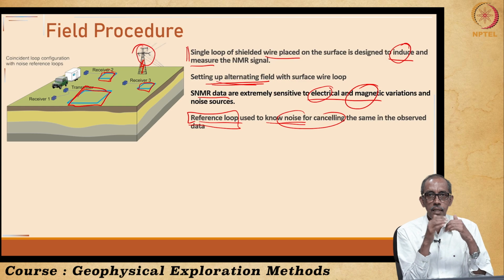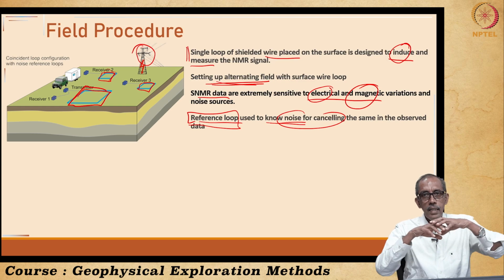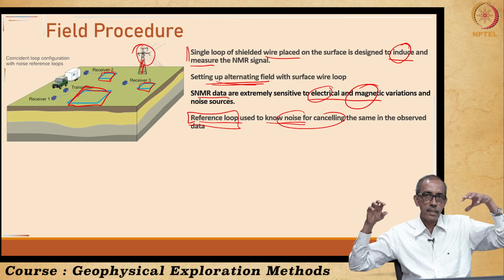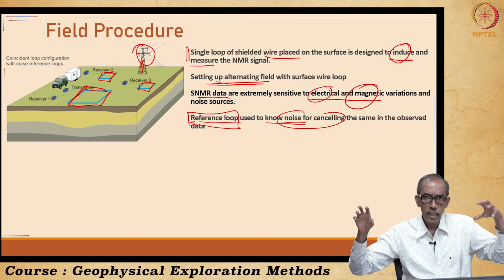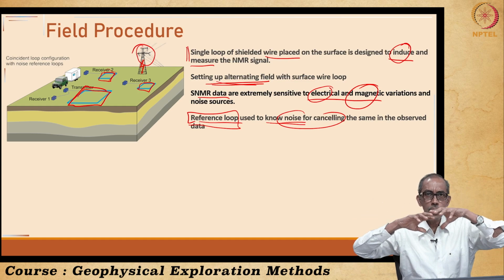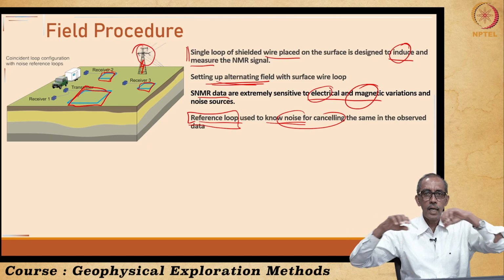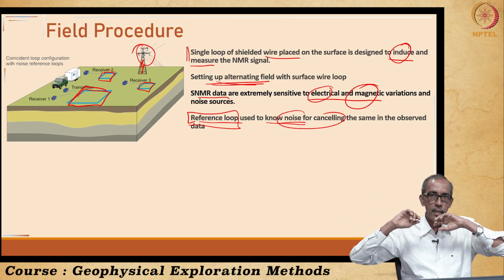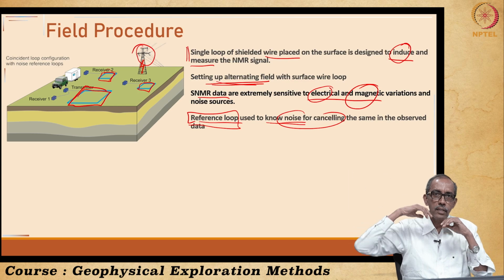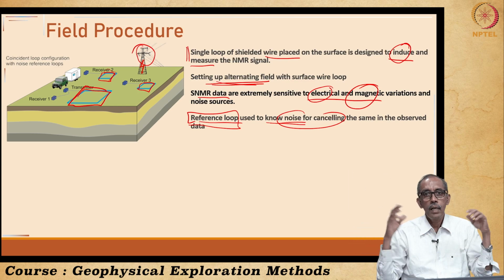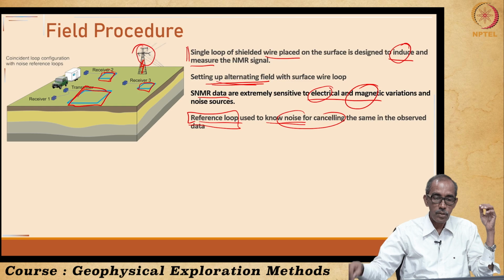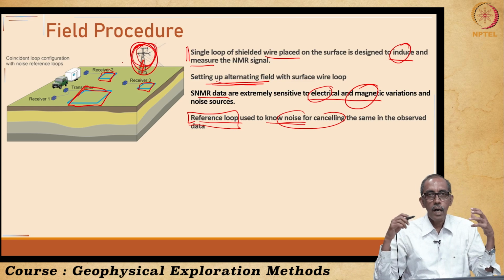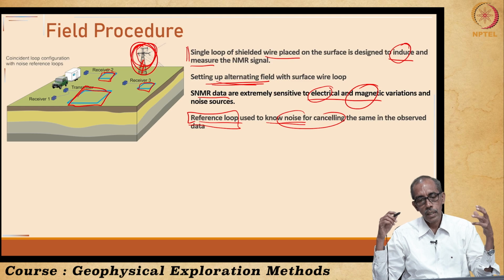More or less in the same manner here, we sense the noise that exists over there due to several reasons. As I told you, mostly due to man-made objects, transmission lines, metal fence lines, railway line adjacent to our measurement point, or transmission towers as you see in this image. I am circling. All of them will cause some noise.